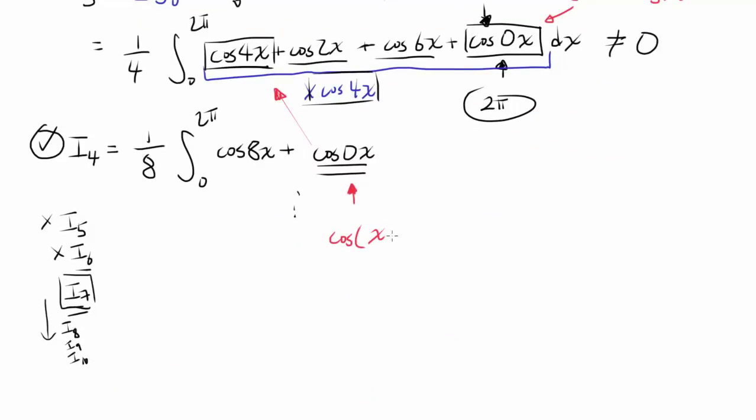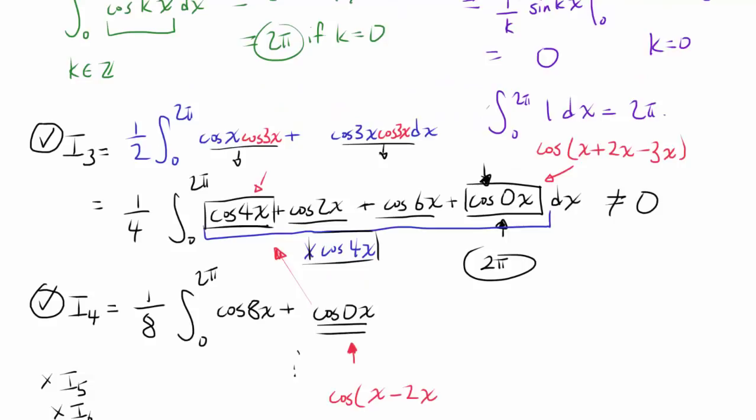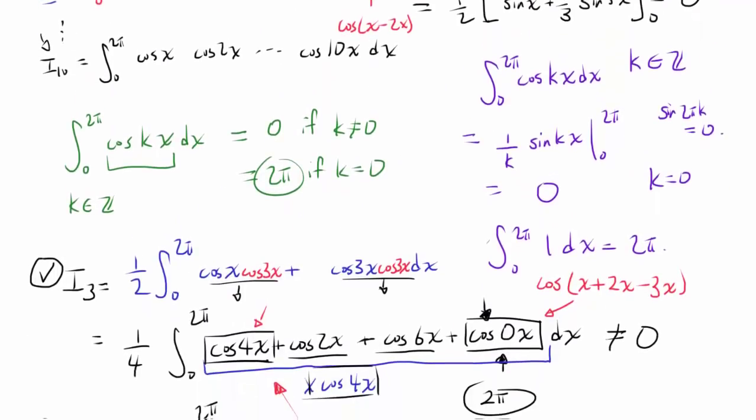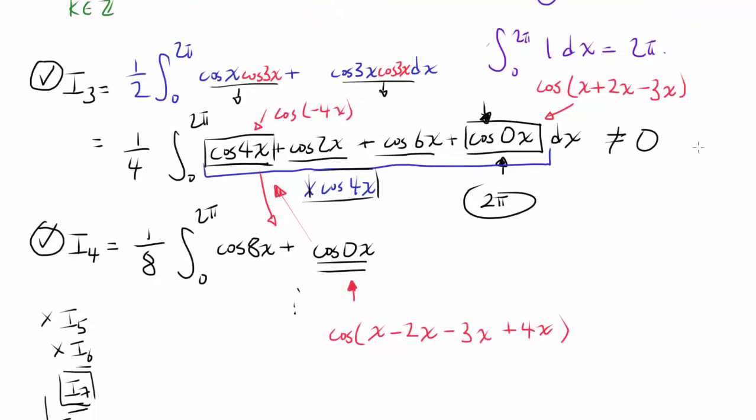Then from cosine of x minus 2x, we went to this cosine of 4x, or you can think of it as cosine of negative 4x. So we subtracted 3x, and to go to cosine of 0x, you can think of adding 4x. Realize how this evaluates to 0. So that's how we got cosine of 0x, by doing x minus 2x minus 3x plus 4x. Maybe now you're seeing a common motif and how we can solve this question.